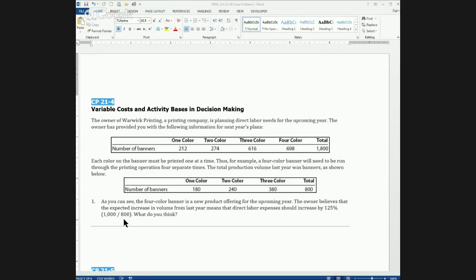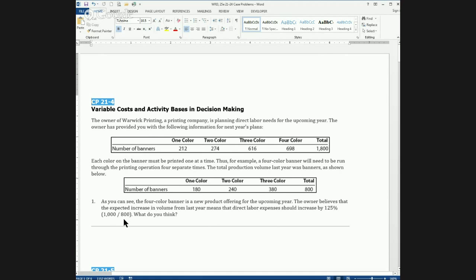Yours is to describe what that additional activity would be, and then to calculate the increase in that activity to determine what the increase in labor would be. For this case, assume that labor costs per hour will stay the same. Okay, that should give you enough for 21.4.